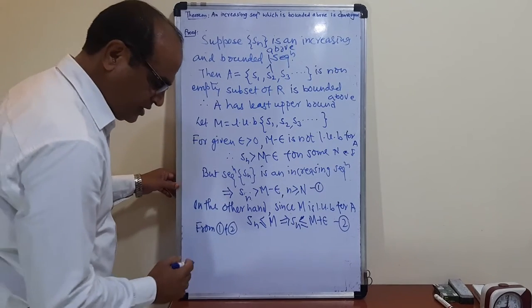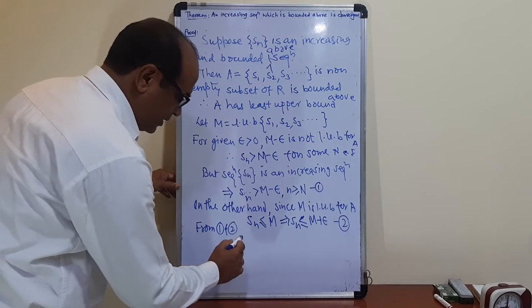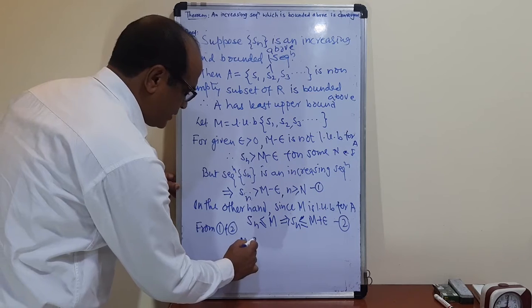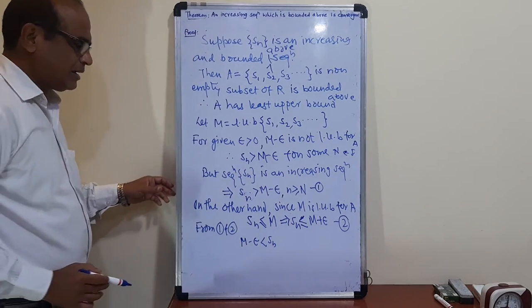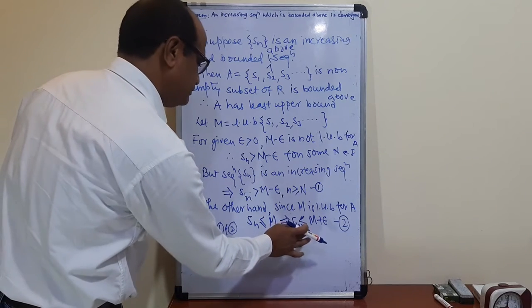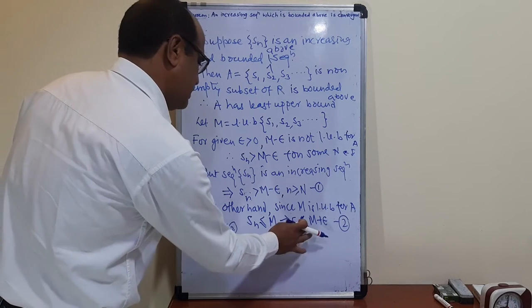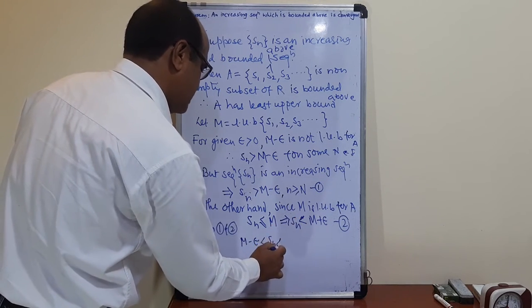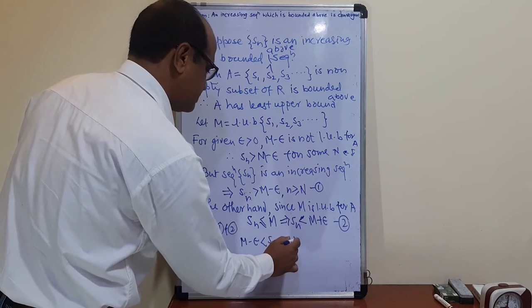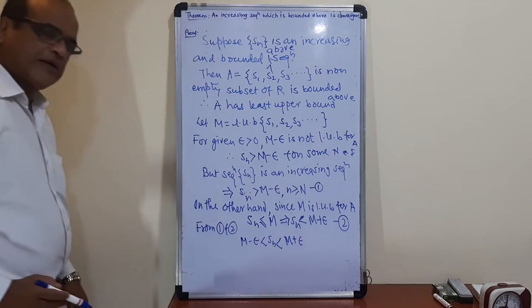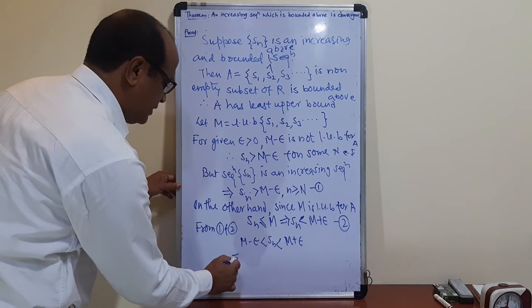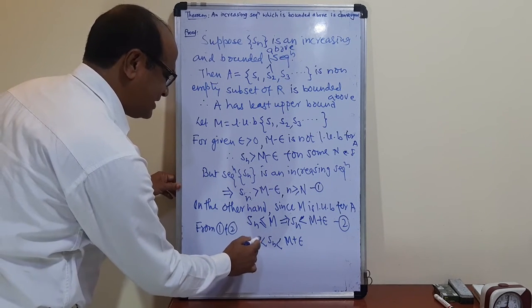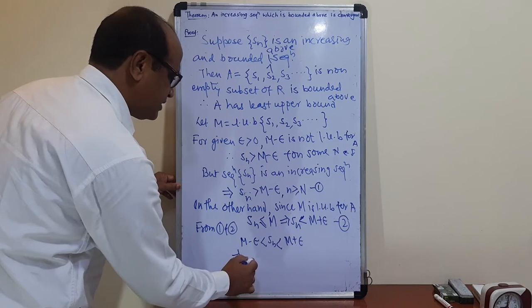So we get m minus epsilon is less than Sn, which is less than m plus epsilon.